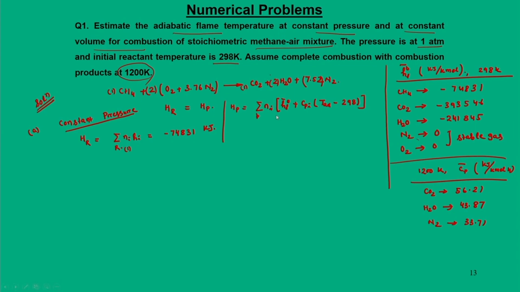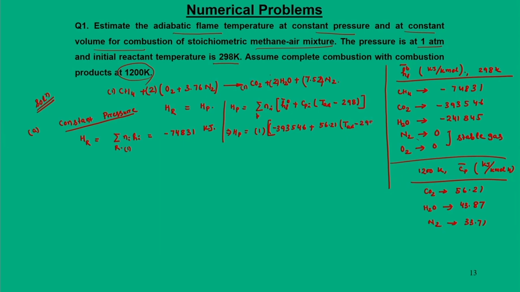Now we have to put them in one by one. For CO2, that is 1 mole, we write minus 393546 plus Cp 56.21 times (T adiabatic minus 298), where T adiabatic is unknown.